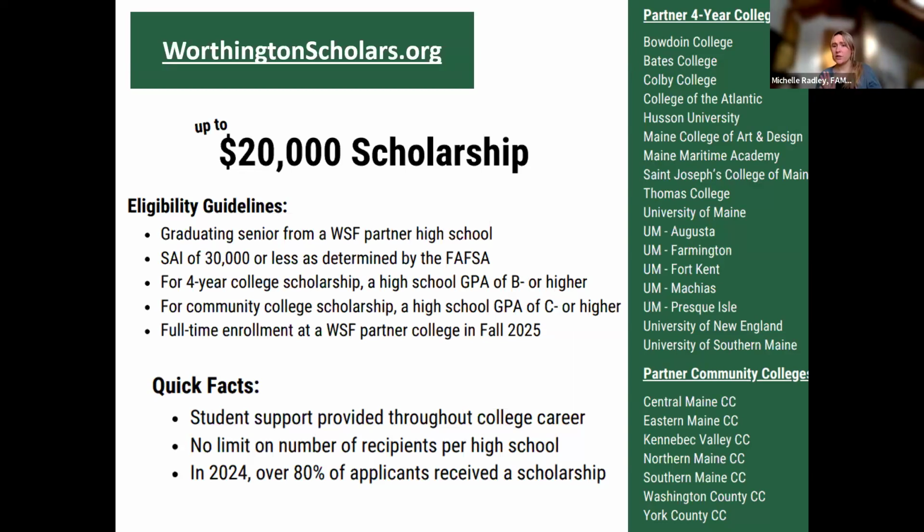All this information is also available on their website, right at the top there, worthingtonscholars.org. And just some information about their eligibility, SAI requirements, GPA, depending on what type of college they're planning on attending. But again, I would love to see people apply. It's worth up to $20,000. It's renewable over 4 years, so $5,000 a year.